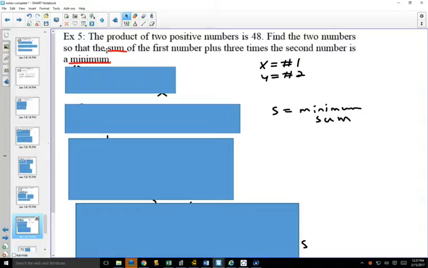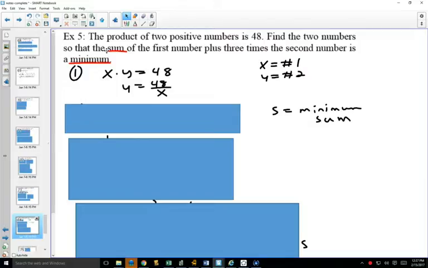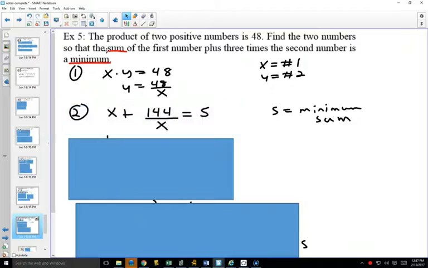All right. So first of all, the two numbers multiply to 48, so you can get y in terms of x. y is going to be 48 over x. Then setting up your equation for your sum, your one number plus 3 times 48, which is 144 over x, is equal to your sum. That is your equation.